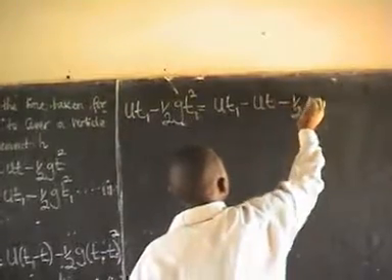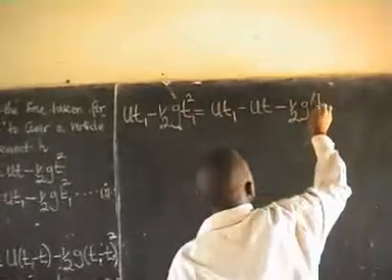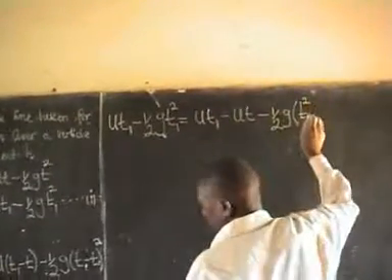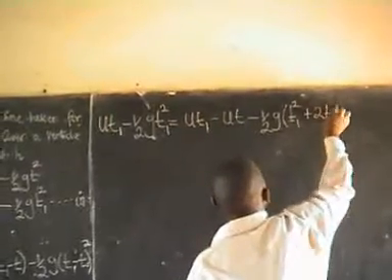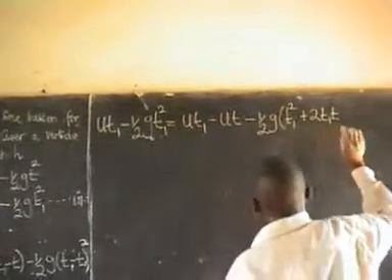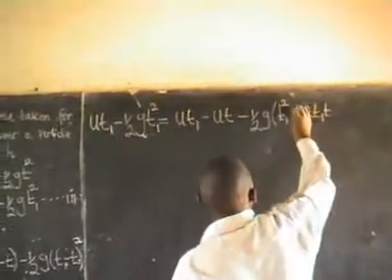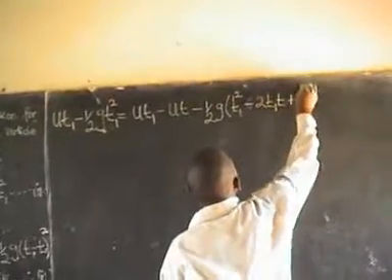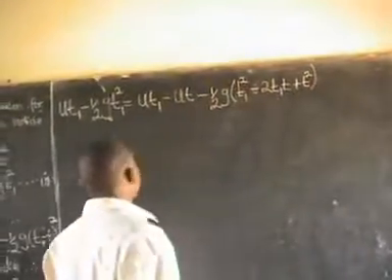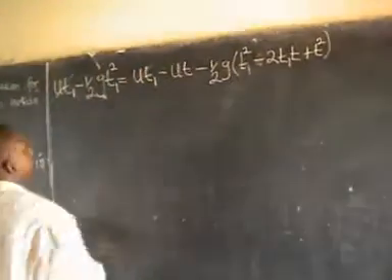minus a half g. Now this one, t1 squared plus twice t1t. Since it is a minus, this can't be plus, minus, then plus t squared. ut1, this one will cancel with that ut1.